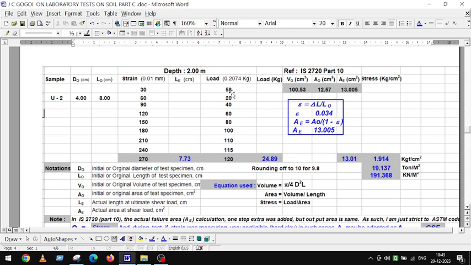And against that, these are the load divisions. One load division equals 0.2074 kg. One strain division equals 0.01. Accordingly, we are getting up to 270 divisions.